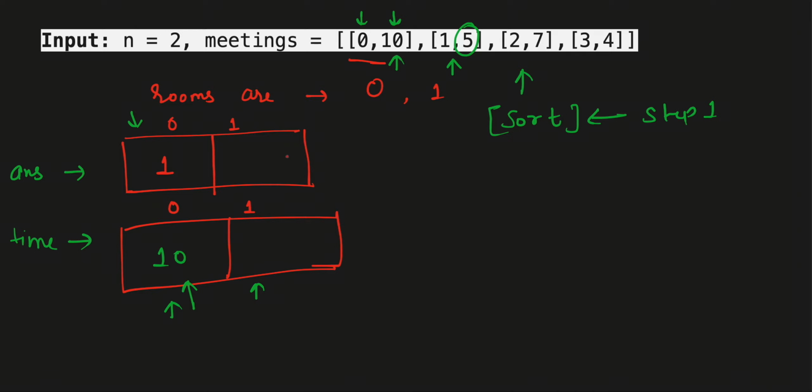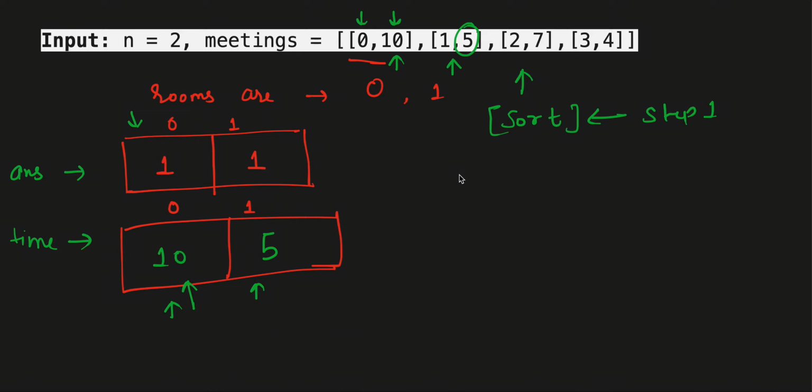Now I came to room number 1 and updated the end time to 5. This room will be occupied till 5, and I update the answer of room number 1, like one meeting is happening in room number 1.